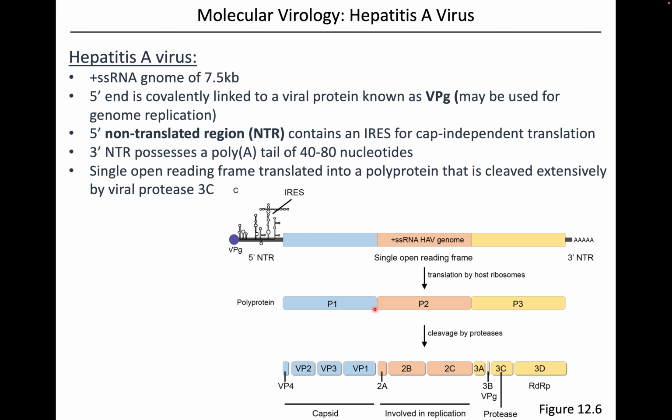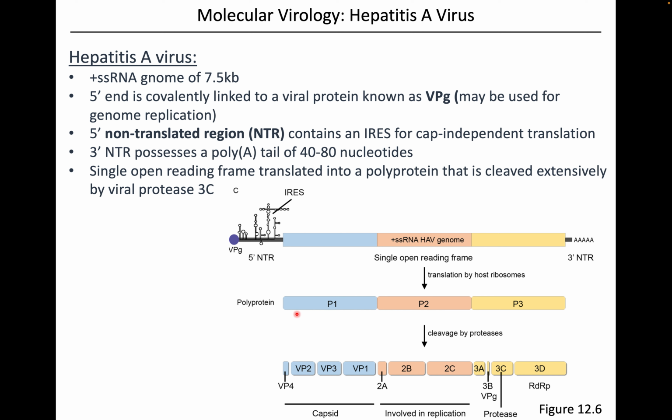And we can see here, just in terms of functionality, that it's basically been divided up into 3 sections, P1, P2, P3, where P1 is basically going to form the capsid proteins, P2, proteins important for replication, and then P3, you've got the RNA polymerase, the RdRp, as well as protease, and a couple of other players here as well, the VPg, which is what we see attached to the 5' end up here.